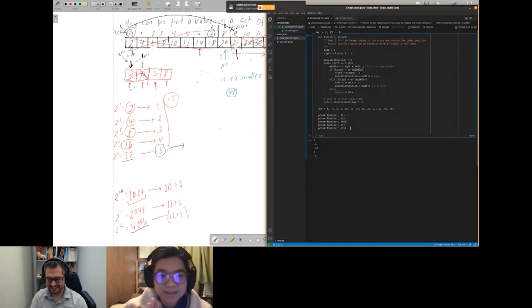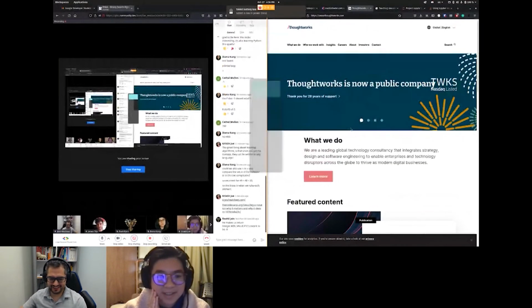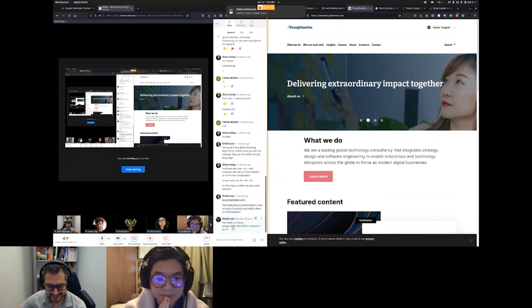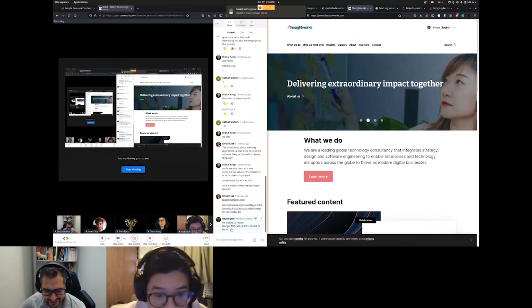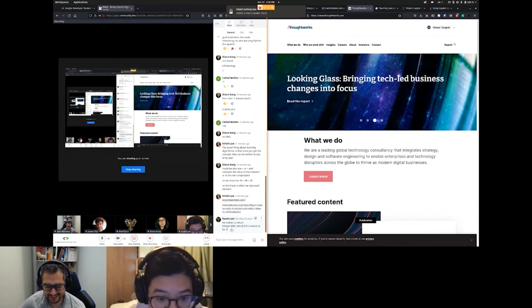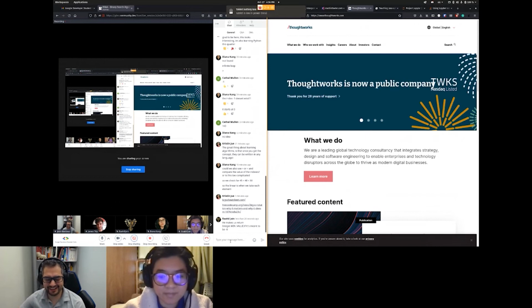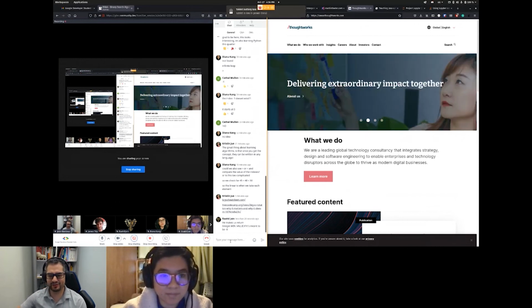Does anyone have any questions about what's going on? Oh, look at this. It's return min value. Oh, but that is Java. So what would that be in Python? Like a very small number, a big negative number.